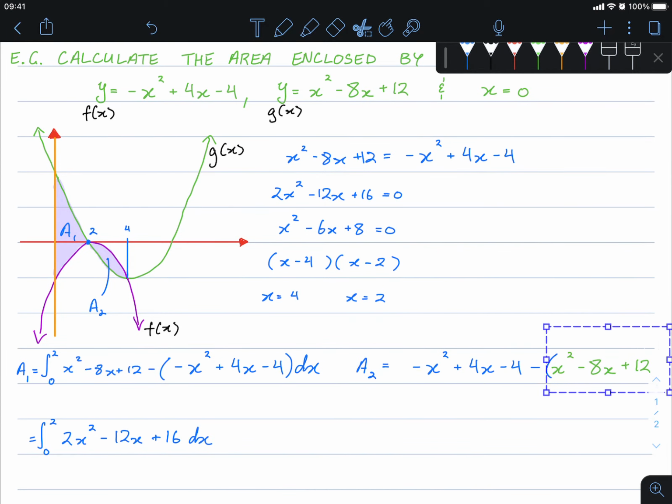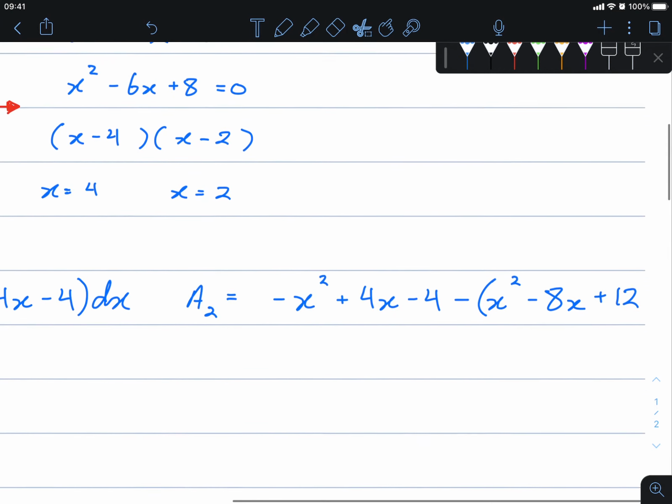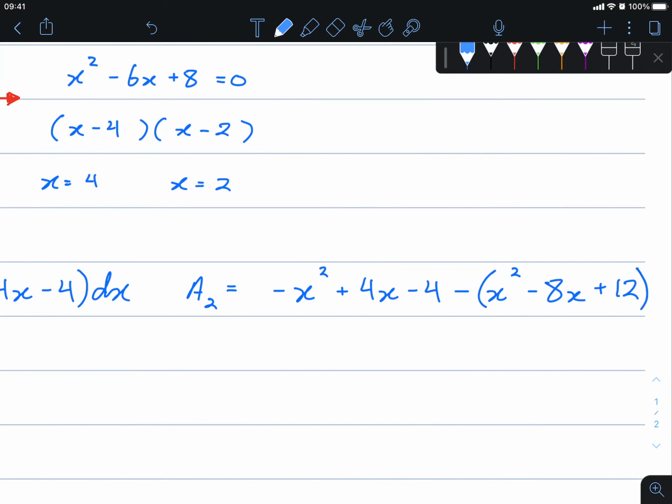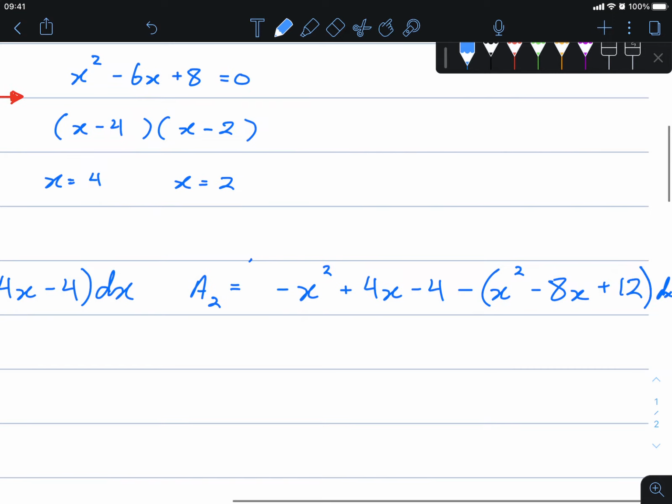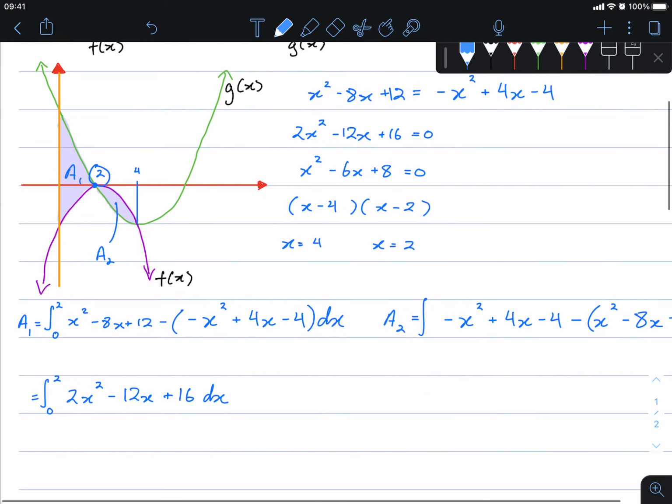Let's make that blue. And I am forgetting some notation here. I need dx. And the interval for this one is from 2 to 4. Be very careful with that. A lot of students tend to just pick the same interval.